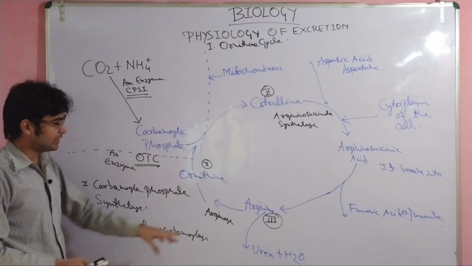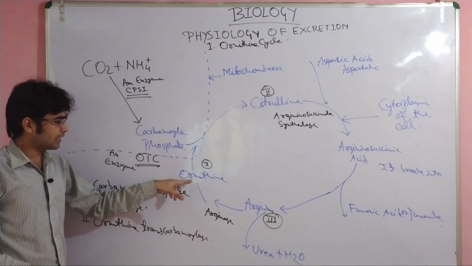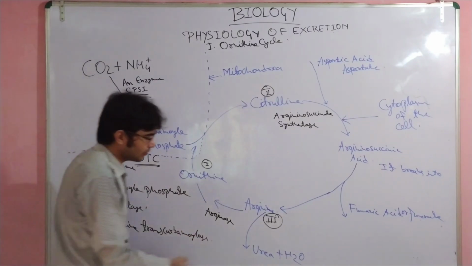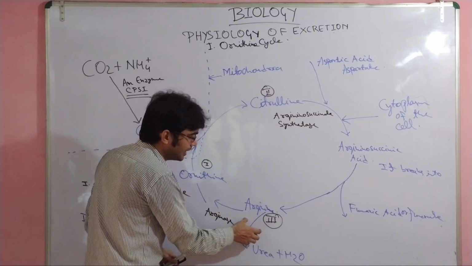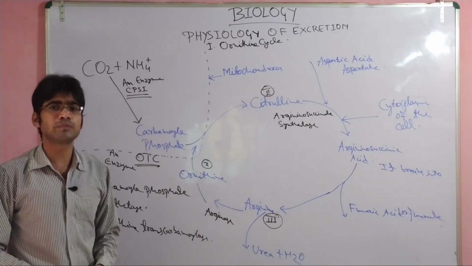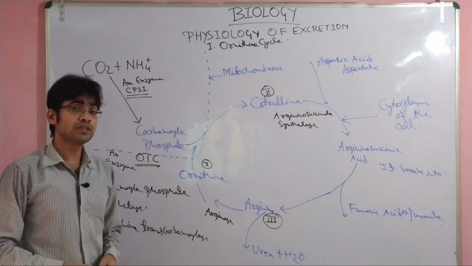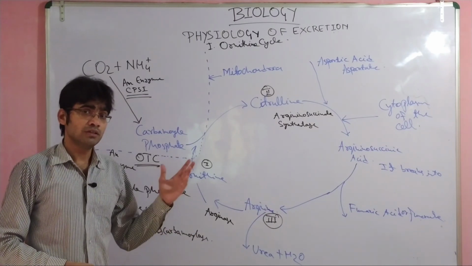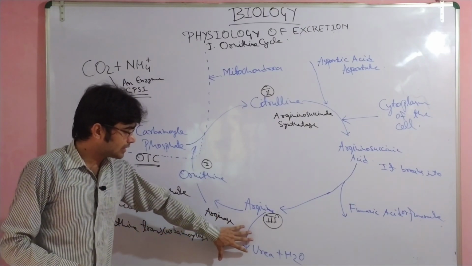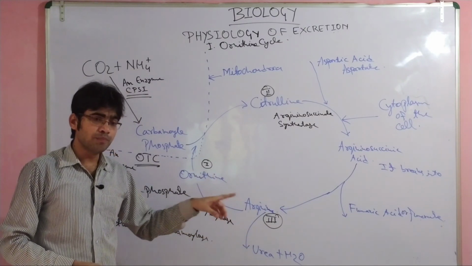Then arginine combines with the arginase enzyme and yields ornithine and splits into urea and water. Urea and water are eliminated from the body by the filtration mechanism of the kidney, and this ultimately results in elimination.